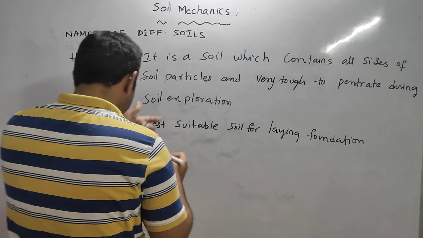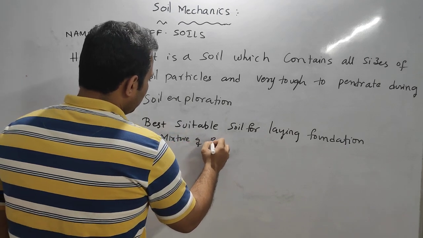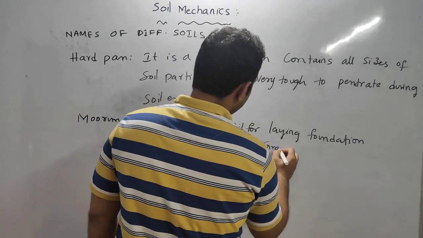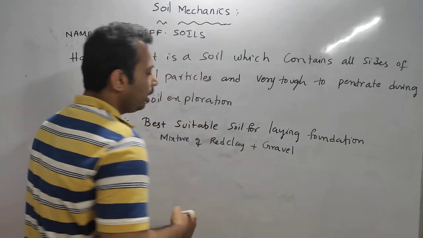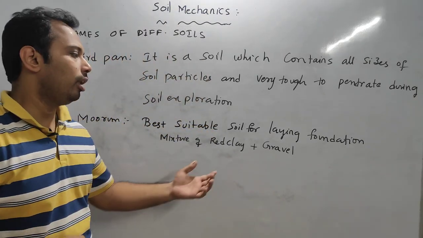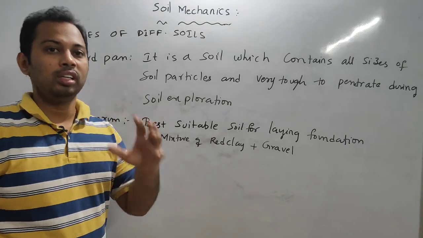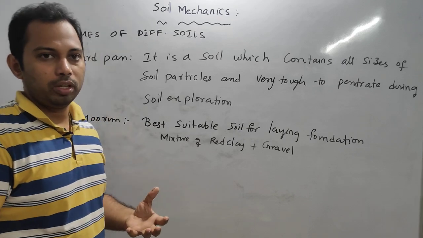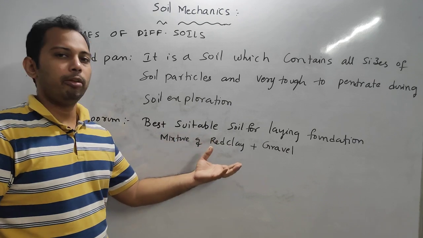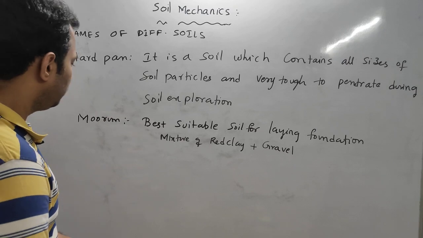It is a mixture of red clay plus gravel. Red clay plus gravel forms muram, which has a good amount of safe bearing capacity. That is why it is the best suitable soil for laying the foundation. Okay.